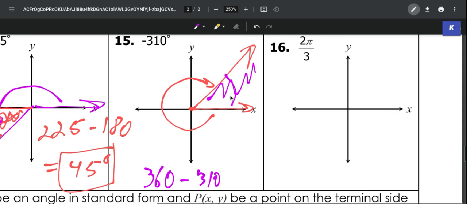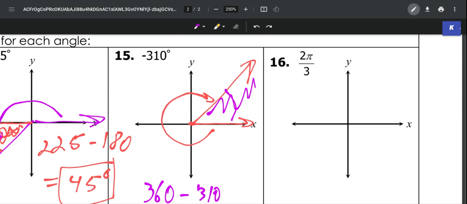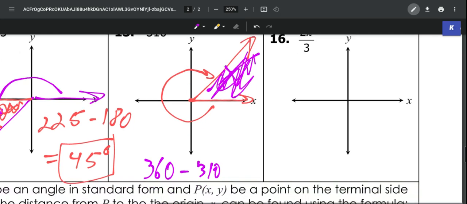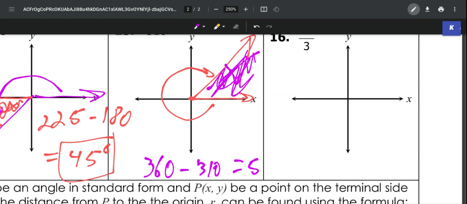So we just want to figure out that gap. So if this complete rotation would be 360, we want to then take this 310 out of it, and that will tell us whatever is left over here. So if we take 360 and subtract 310 from it, we'll get 50 degrees. So 50 degrees is what our angle measure would be here.